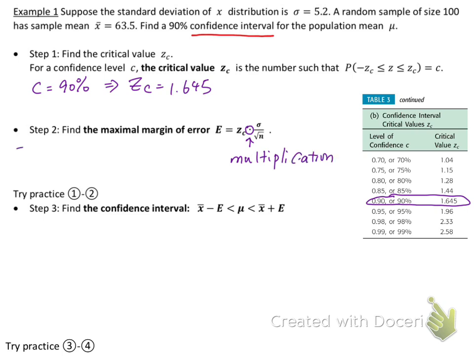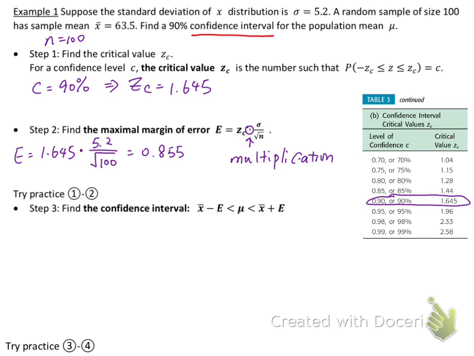So your E equals ZC, which is 1.645, times sigma, which is 5.2, and n is 100, so over square root of 100. Put them in your calculator and you will see E actually is 0.855.